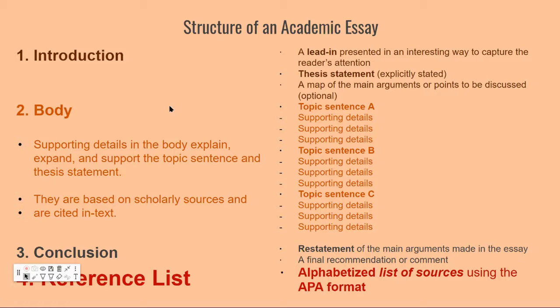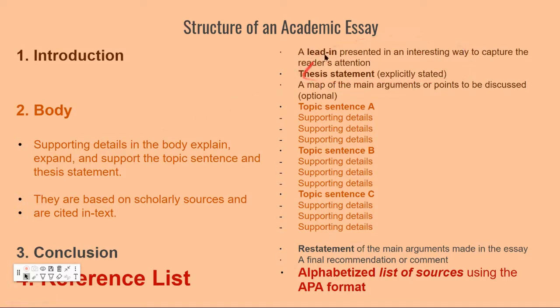So here we get to see the structure of an academic essay. Recall that when you have an academic essay, we usually would be having three main parts: the introduction, the body, and the conclusion. We will also be adding a reference list, which should be observing the APA format. Now, take note that in the introduction, you should have the identification of the issue, the statement of the position, and the thesis statement.